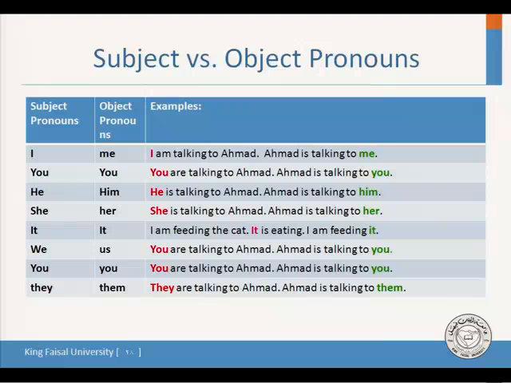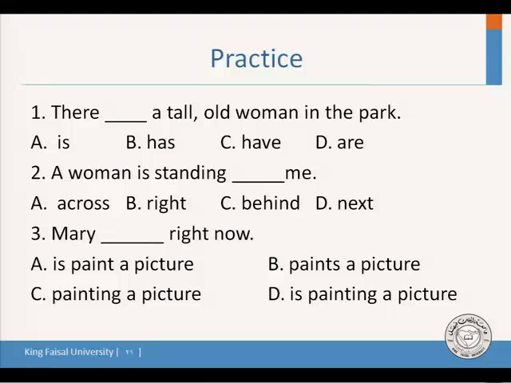I, subject pronoun. Ahmed is talking to me. Me, object pronoun. Number 2, you are talking to Ahmed. You, subject. But Ahmed is talking to you. You, object. You can see all these examples, study them carefully, and notice the differences between them.